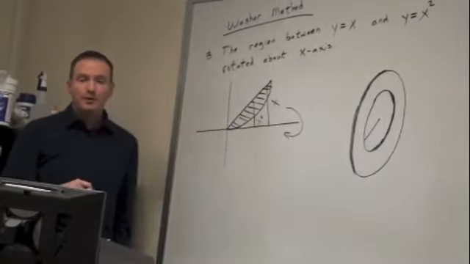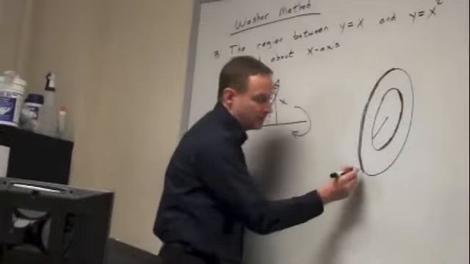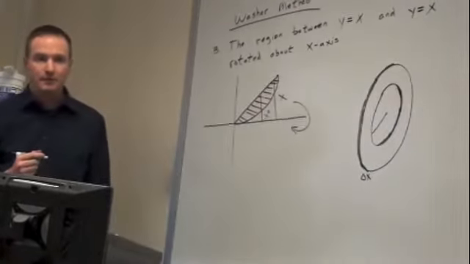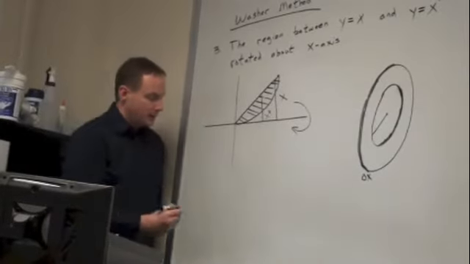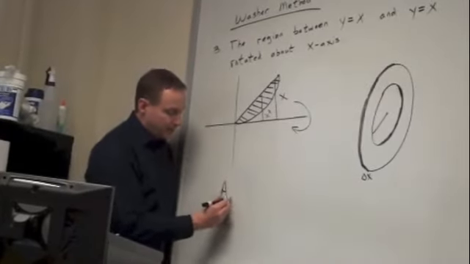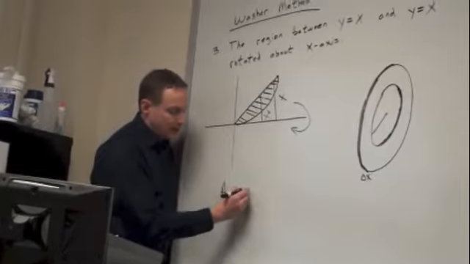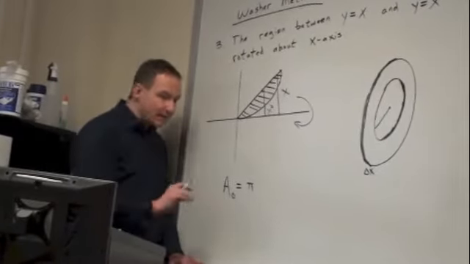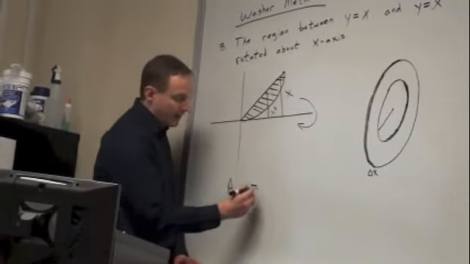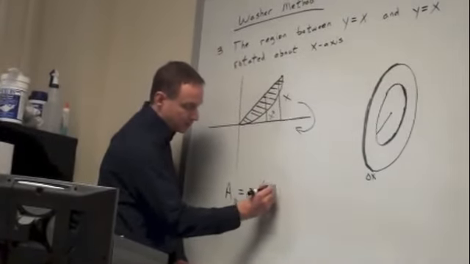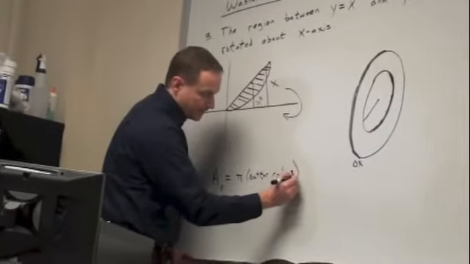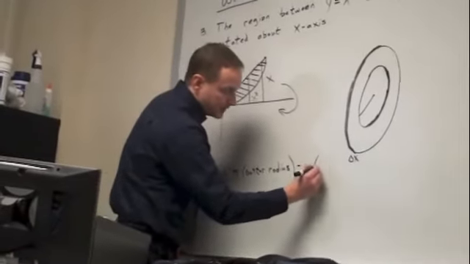And how do I know I wanted these in terms of x? Because the thickness of each of my cross-sections is a change in the x-axis. So the area of the face of a washer is going to be pi times the outer radius, and if you just want a general formula, pi times outer radius minus pi times the inner radius.